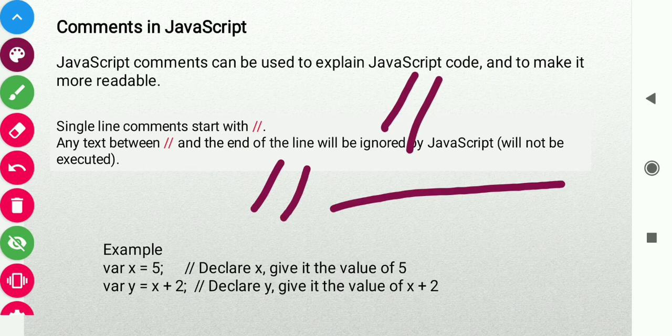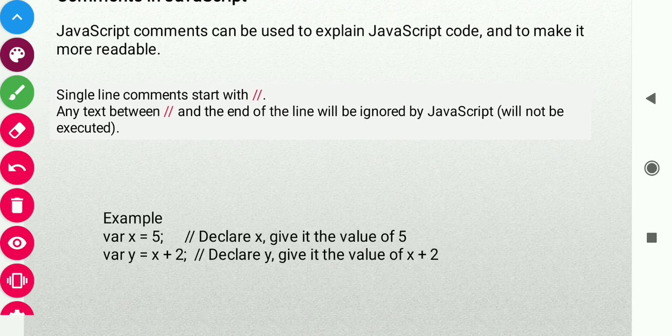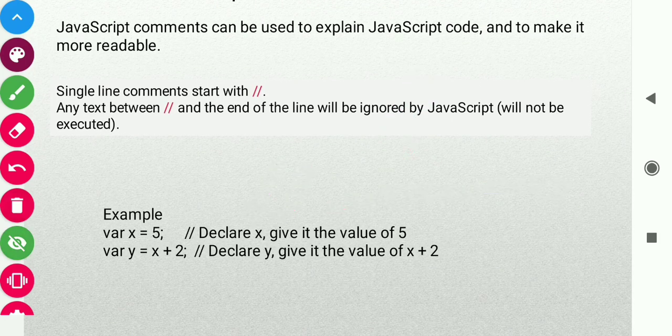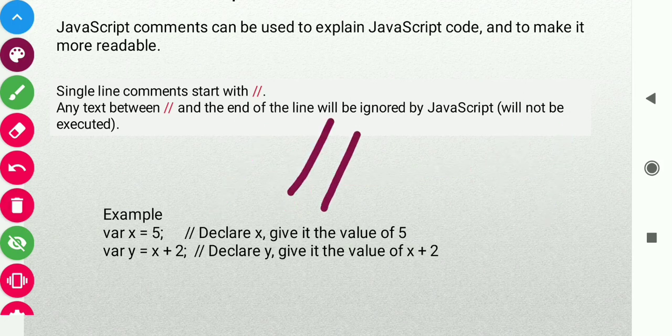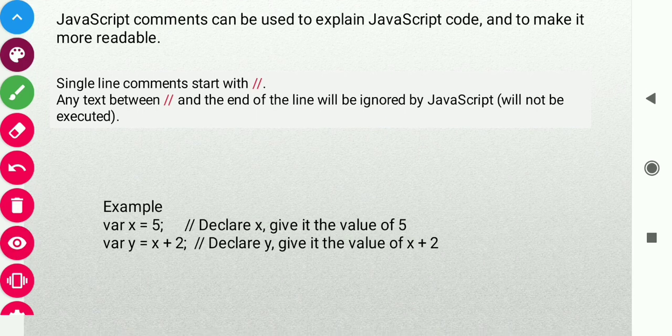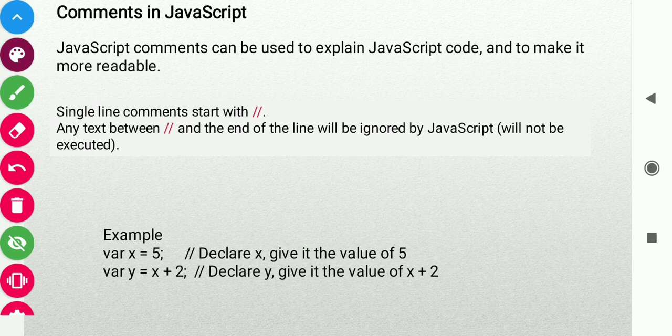And if you want to give multiple lines of comment, you need to give one slash and then an asterisk symbol, star, then you write whatever sentence you want, and then you close it like this. So it is used for multi-line comments, and if you want a single line comment, you can use a double slash. For example, here I have written x is equal to 5.